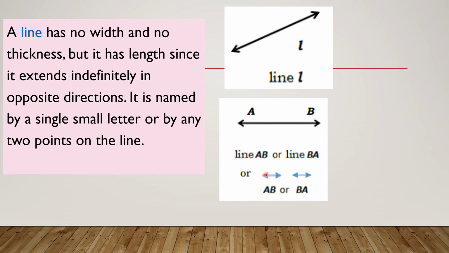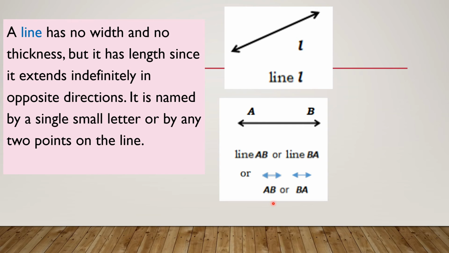We can name it line AB or line BA, depending on where we start. Or we can name it using the symbol of a line. If we want to write a line without the word line, you can write AB with the line symbol.